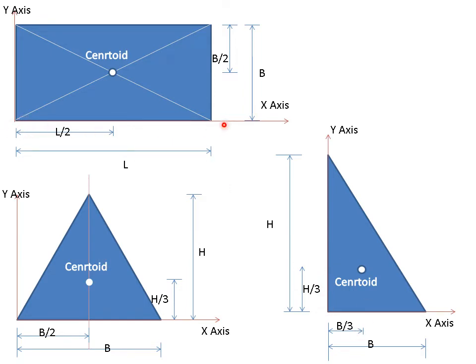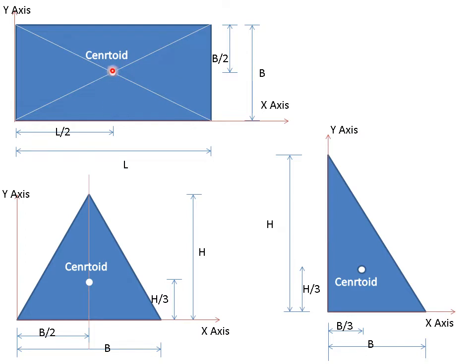Rectangle having length L, having width B. So geometrical center, if you see graphically, if I draw diagonals, where these two diagonals intersect each other is called as a geometrical center of the rectangle.